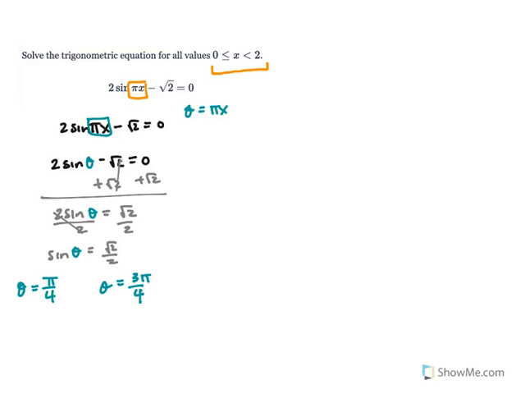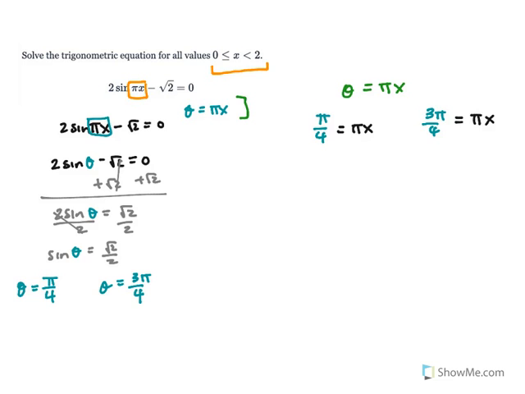So now what we want to do is take this value for theta, this idea that theta equals pi times x, and solve for x. So I could take my expressions and say that pi over 4 is equal to pi times x, and that 3 pi over 4 is equal to pi times x.